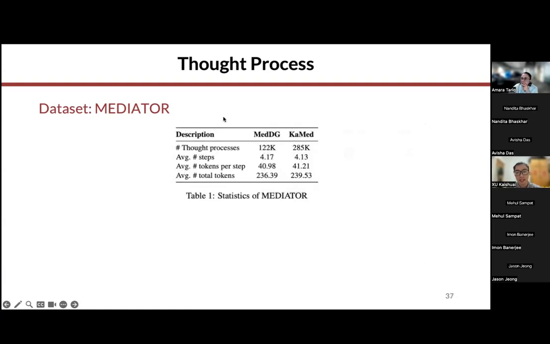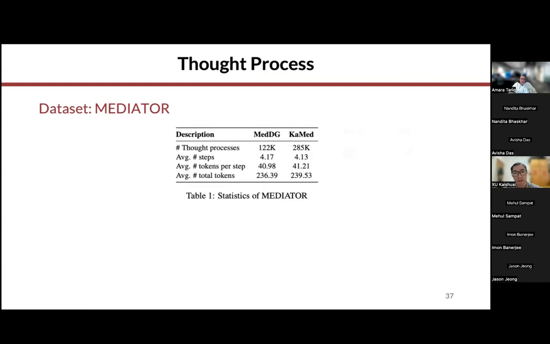We collected thought processes from two datasets, and for each dataset we have an average of 4 steps of chain of thought, which is the thought process.